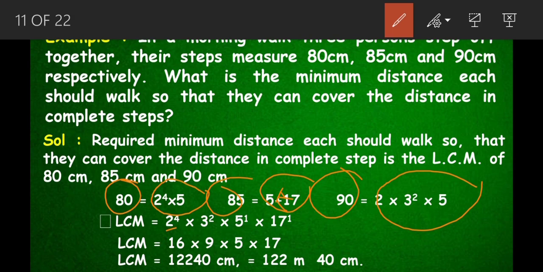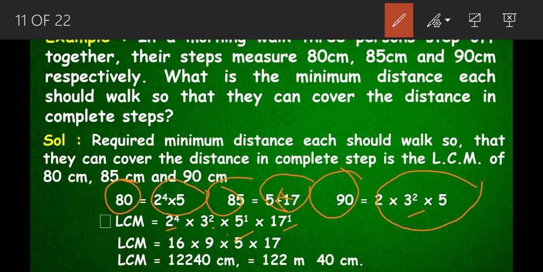Like that, 3: 3 square is the greatest. 5: 5 power 1. 17: one time. Like that, all prime factors with their greatest exponents we have to take and multiply for finding the LCM.